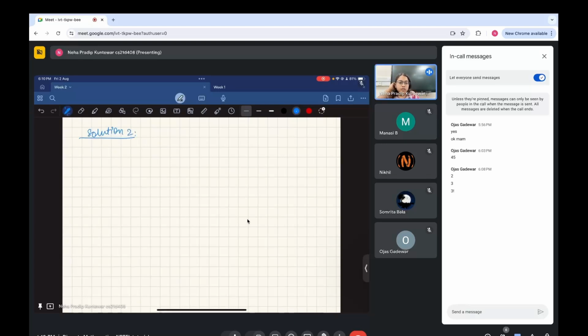As the question says, you have 8 varieties of food, and these are all distinct items. Now let's say I want to choose 3 breakfast items out of these 8 varieties. So my question to you is, in how many ways can you choose 3 breakfast items from 8 varieties?